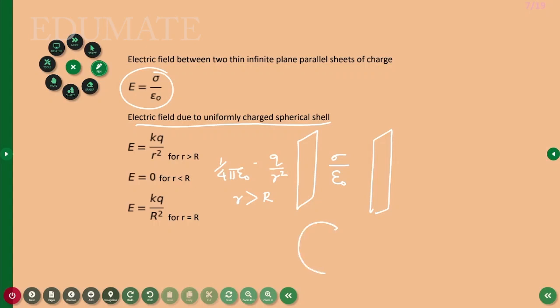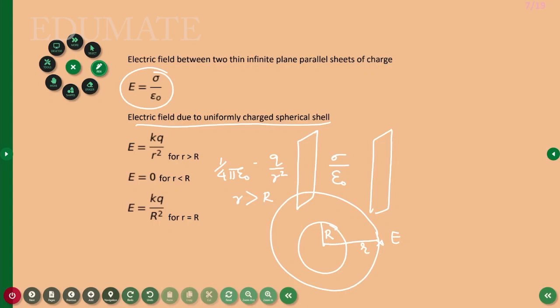For example, this is a spherical shell, and let capital R be the radius of the shell. We have to find the electric field intensity outside the shell. First of all, we draw a Gaussian surface around it with radius small r, and we can see that small r is greater than capital R.